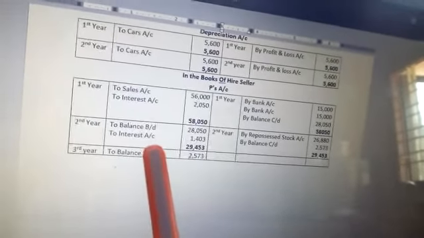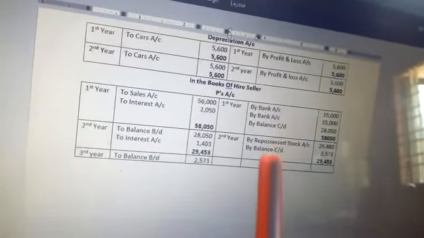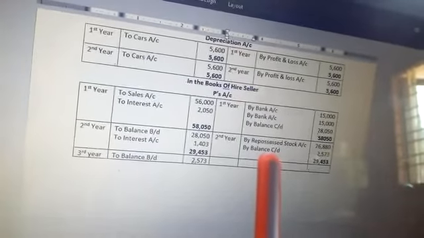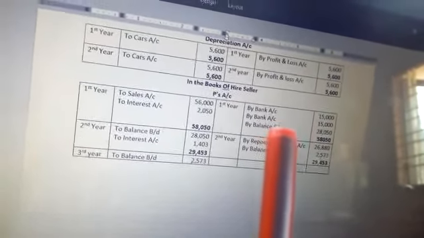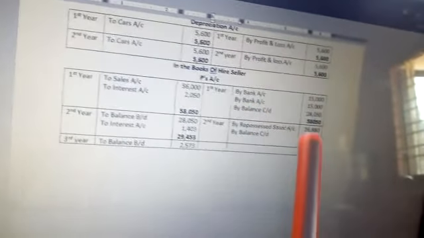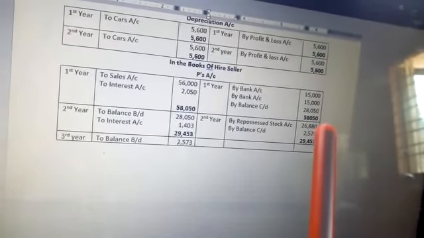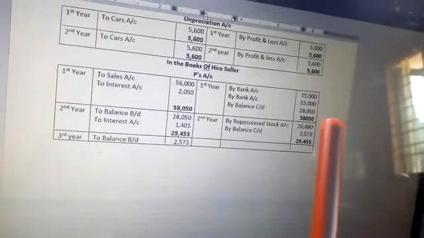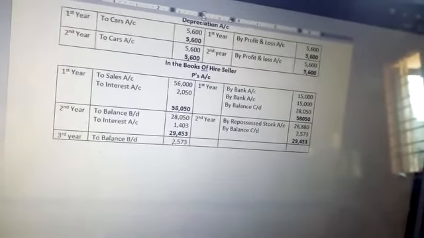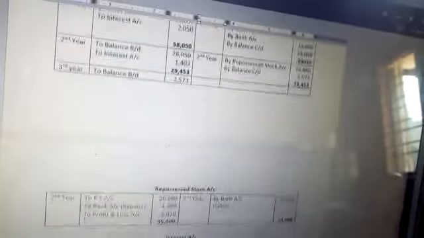For the interest due, and next, we will record by repossessed stock. At what valuation did the hire seller repossess the stock? He repossessed the stock at a valuation of rupees 26,880. The remaining balance is carried down.